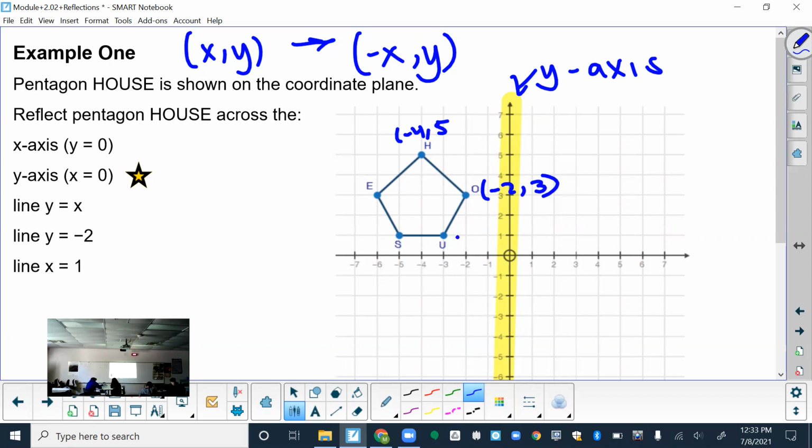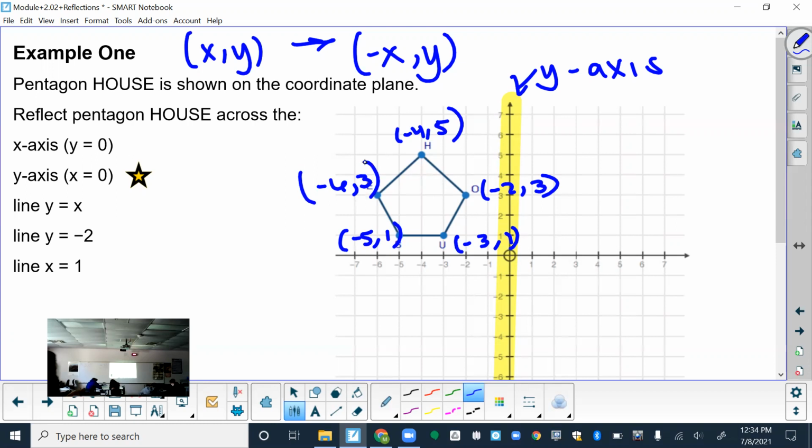U was -3, 1. S was -5, 1. And E is -6, 3. All right, so those are all my originals that we already said before.